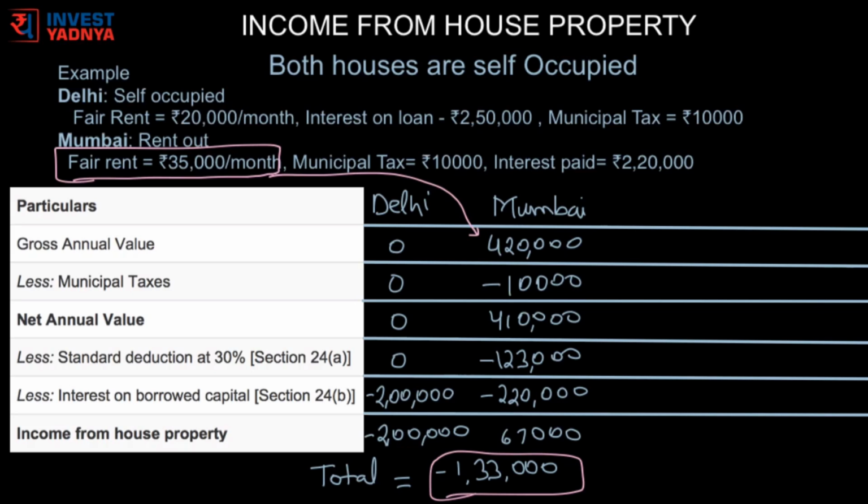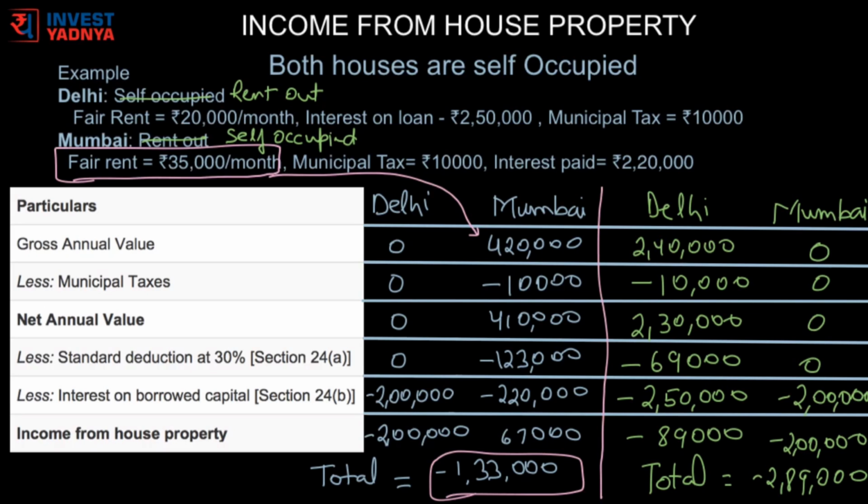Now considering Mumbai house as self-occupied and Delhi treated as rented out, these are the calculations. Taking Delhi's fair rent as gross annual value, we get income from house property as loss of rupees 2,89,000 in this case, which is a higher loss than this.